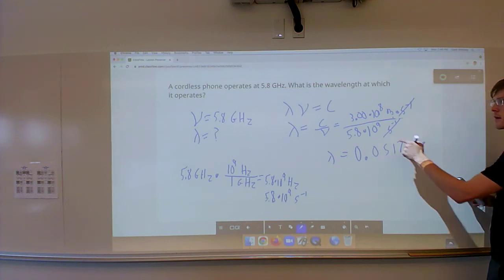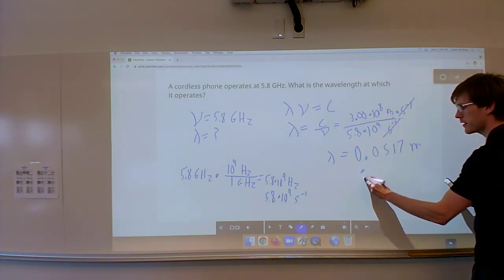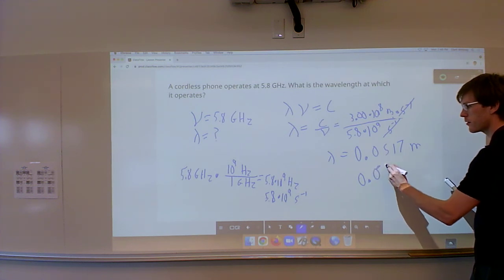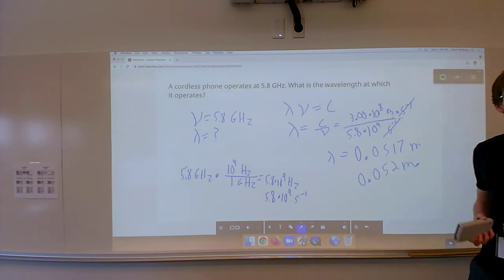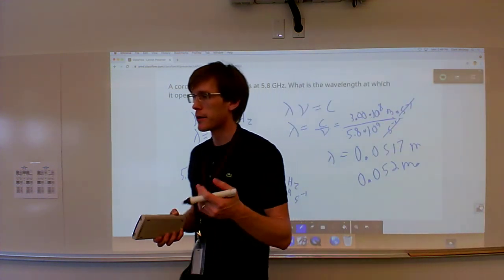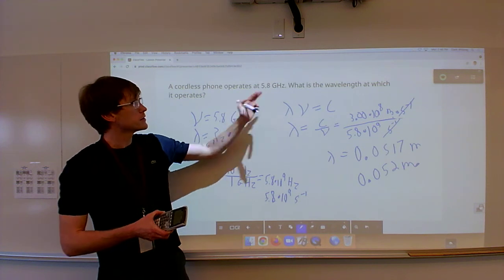But since I have 2 sig figs here, I'm going to have to cut it off at 0.052 meters. And that's how I make a calculation, converting from a frequency to a wavelength.